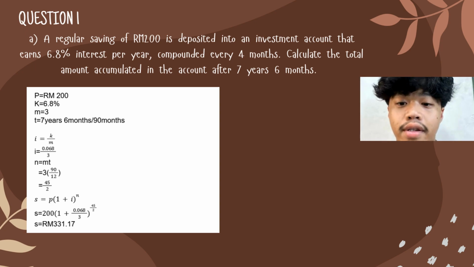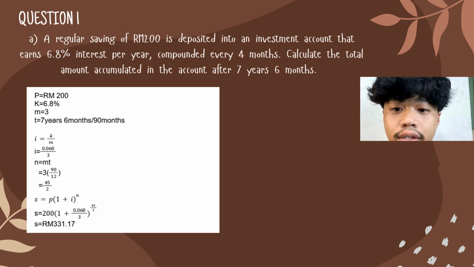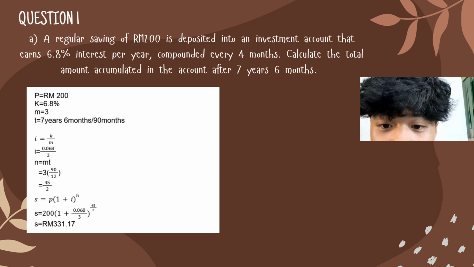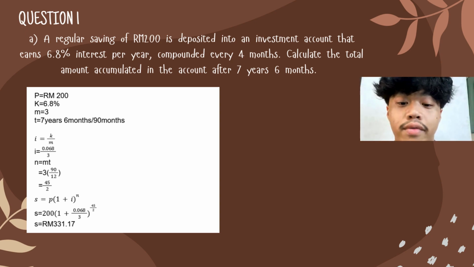First we find I equal to K over M, which is 6.8% per 3. The N value is M multiplied by T, which is 3 multiplied by 90 over 12, and we got the answer 45 per 2.